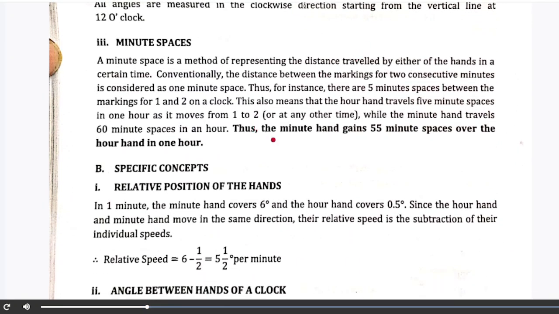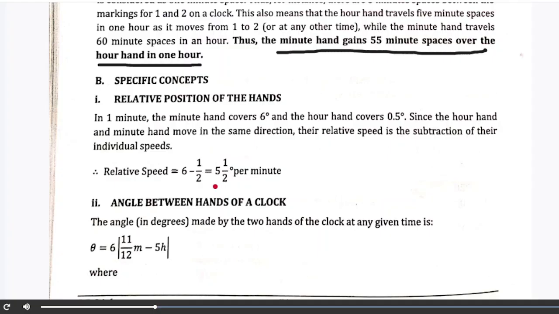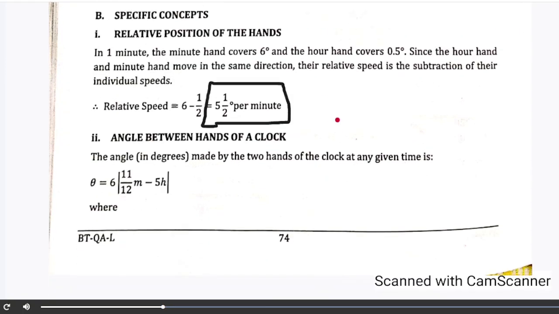In other terms, we can say the minute hand gains 55 minute spaces over the hour hand in 1 hour. The relative speed, because they're both moving in the same direction, as we did in time, speed, and distance: when things are moving in the same direction, the difference of the speeds is the relative speed. So we get 6 minus half, that is 5.5 degrees per minute.